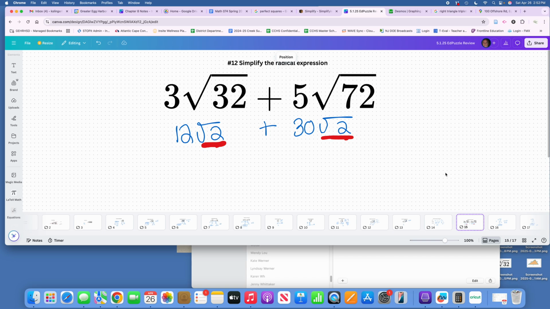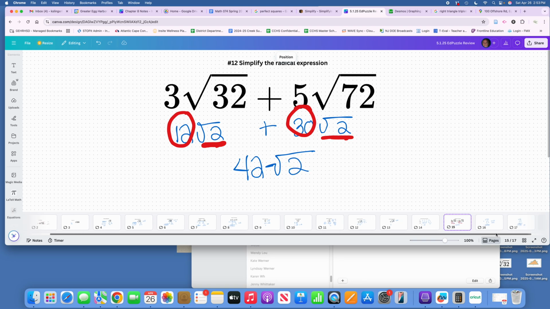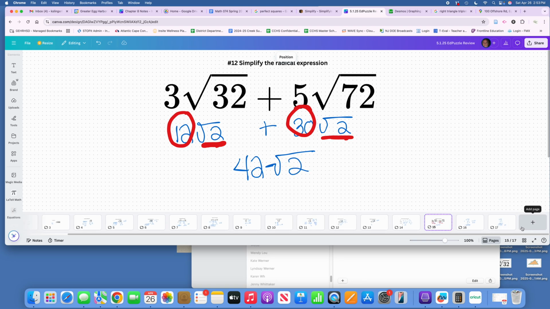So I'm now going to add 12 plus 30, and that is going to give me 42, and the radical 2 just stays as radical 2, treating it just like we would treat an x. Okay. And that is your review of chapter 8.